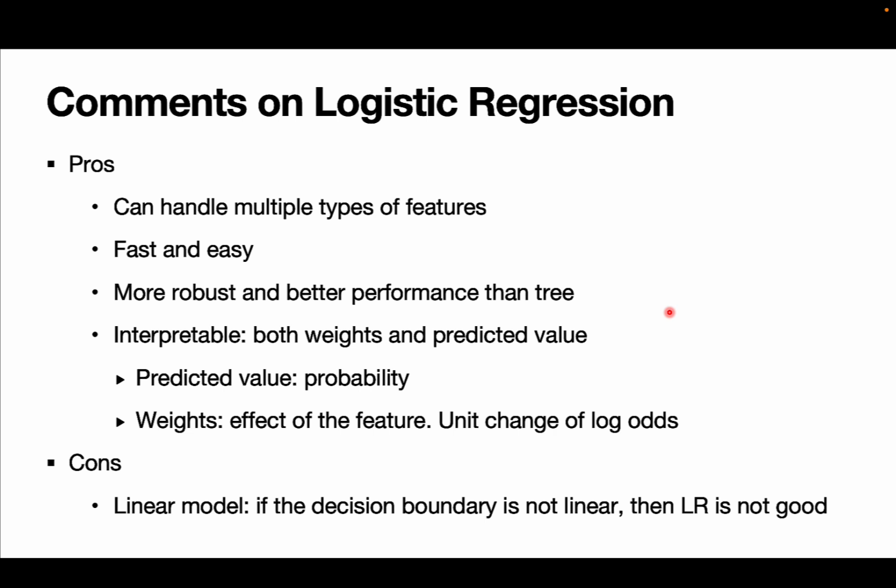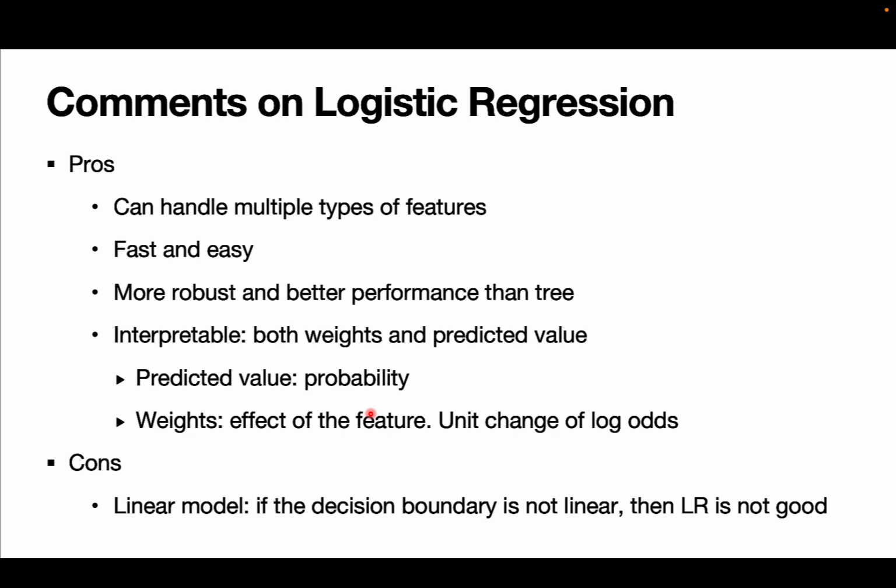More comments on logistic regression. It can handle multiple types of features, is computationally efficient, interpretable, and most importantly, it generalizes very well. Also, logistic regression outputs a probability score, which gives a confidence in the prediction.